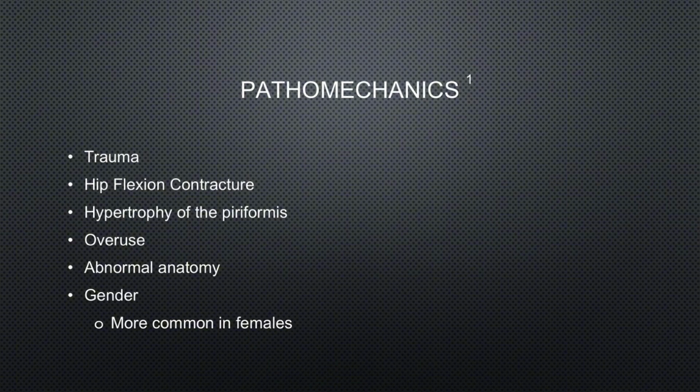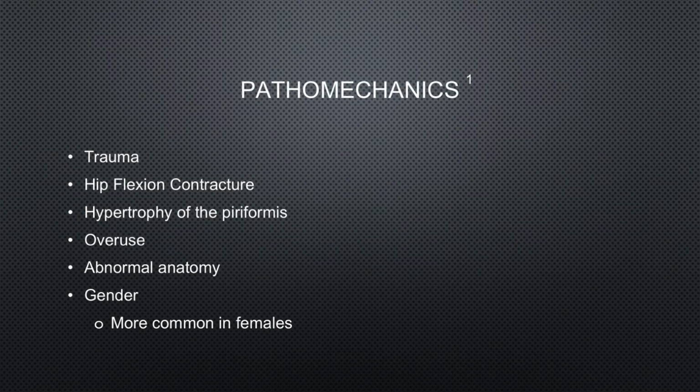The next would be a hip flexion contracture, and this contracture increases lumbar lordosis, which then increases the tension in the pelvic femoral muscles, and this tension causes hypertrophy and leads to the sciatic compression. And the next one, as I have on here, is hypertrophy of the piriformis, which I just described in the hip flexion contracture as well.